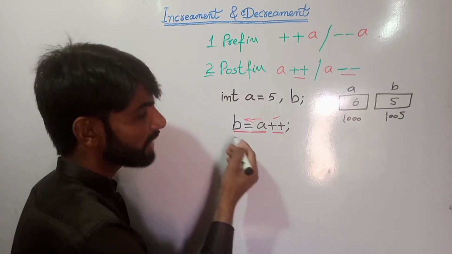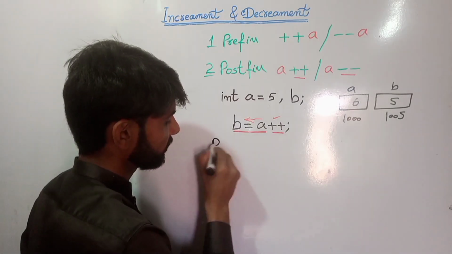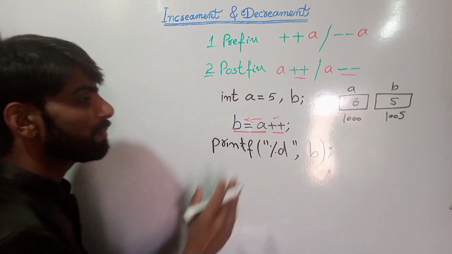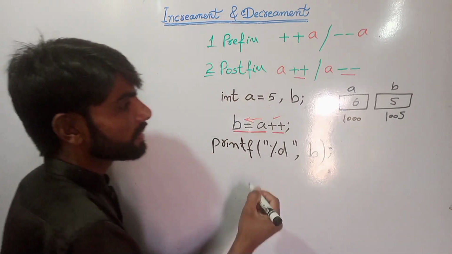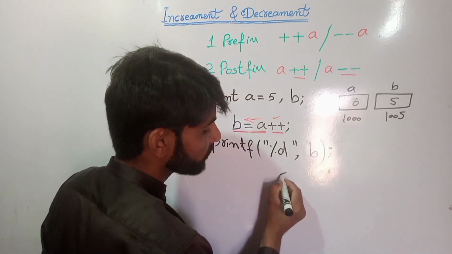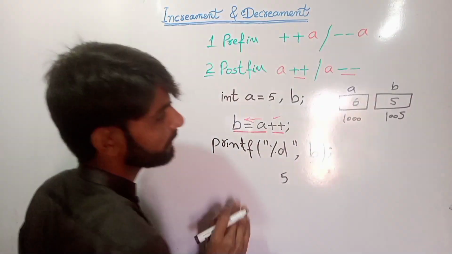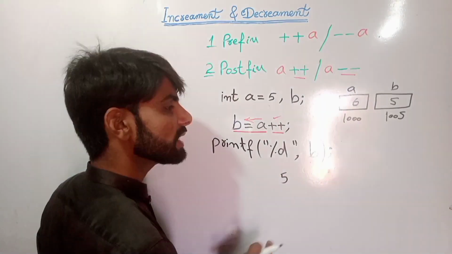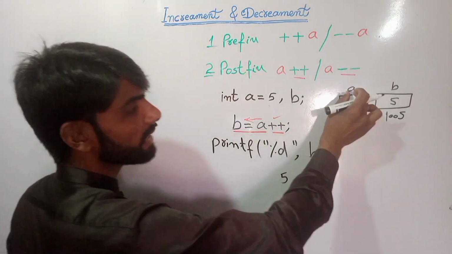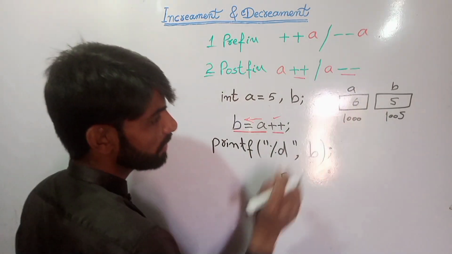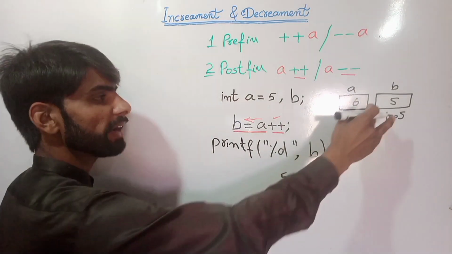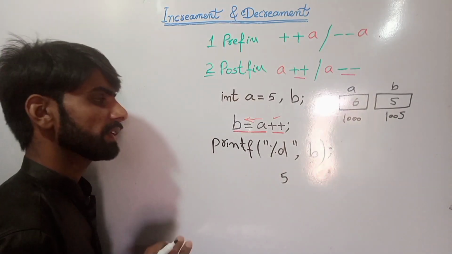So if we print the value of B, 5 will be printed on the screen, because in memory B is 5 and A is 6. If we print the value of A, 6 will be printed, and B's value 5 is printed on the screen, right?